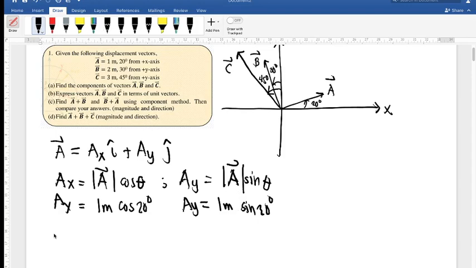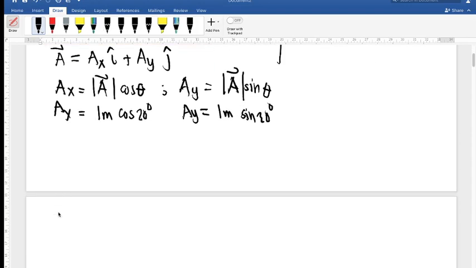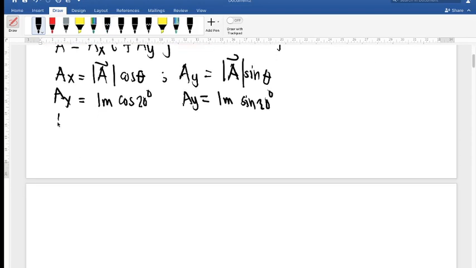So your A_x can be written as cosine of 20 times 1. Please make sure that your calculator is in degree mode. So that is approximately 0.940 meters.